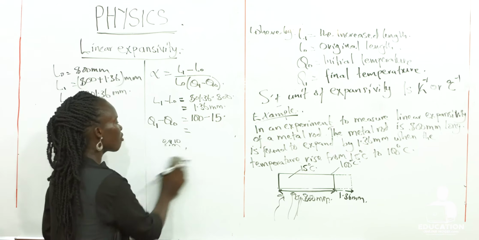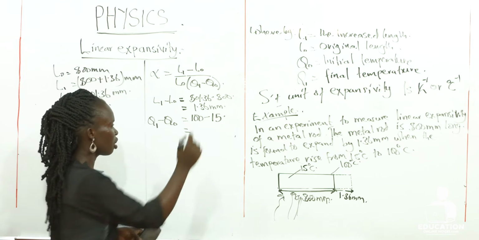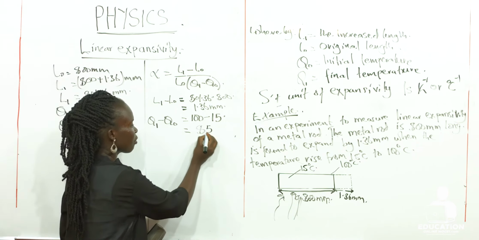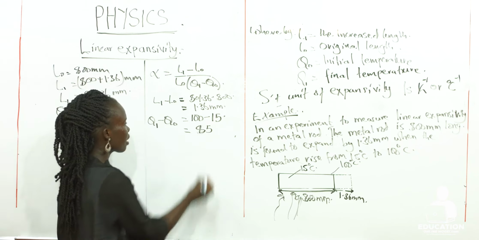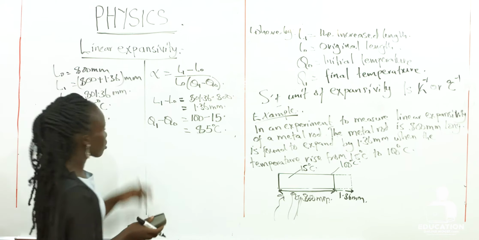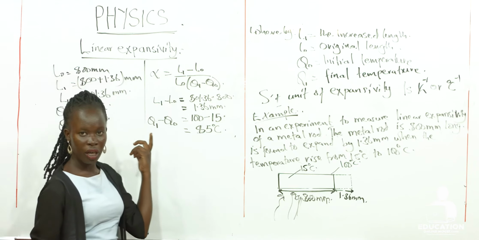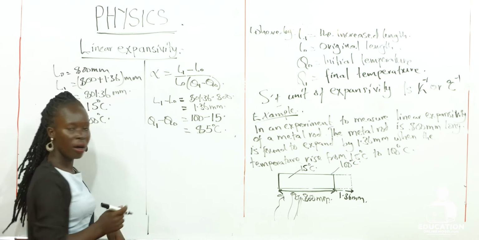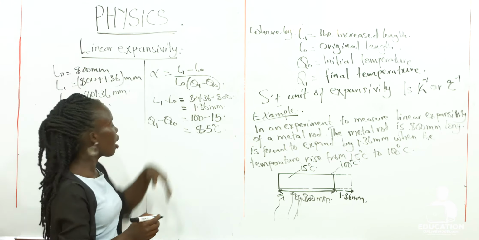Meaning that our 100 minus 15 will give us 85. 85 what? It will give us 85 degrees Celsius. It is the temperature. So now we take the figures and we substitute in our formula.